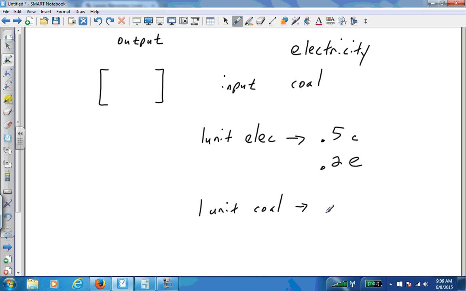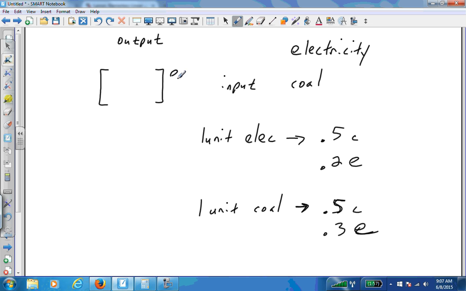We're going to use 5 units of coal, and then we're going to take some electricity to break that down. So in the manufacturing of 1 unit of coal, we're going to end up with a half unit of coal used and 0.3 of electricity used.